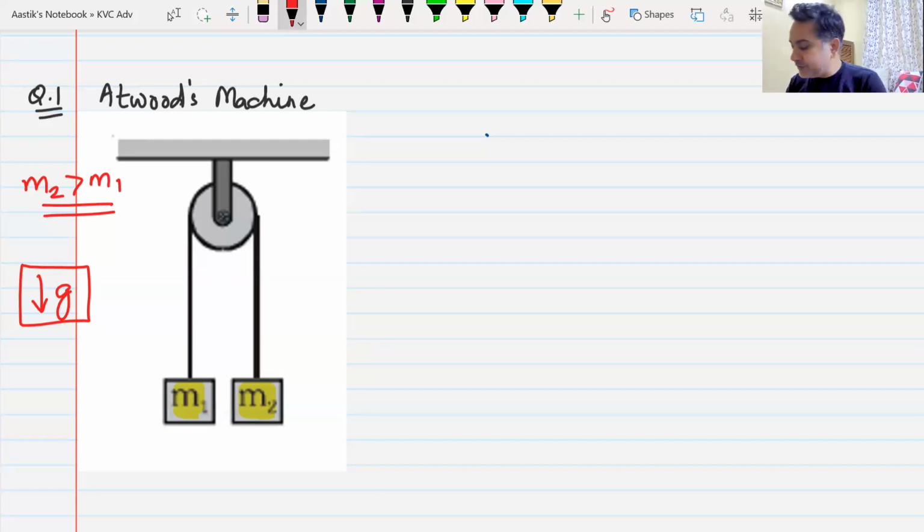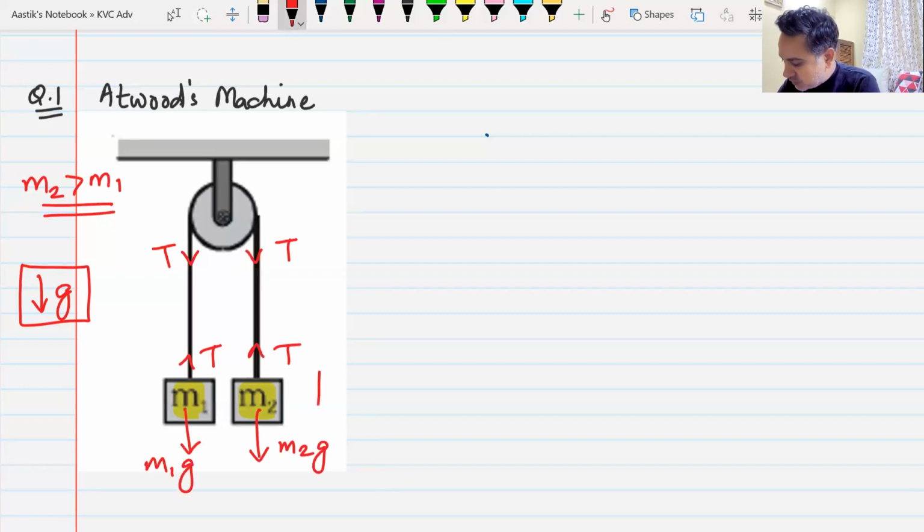Okay, let me do it for you. We'll draw the free body diagrams. M2g, tension T, tension T, M1g. This block is going to move down with an acceleration a. This block is going to move up with the same acceleration a.